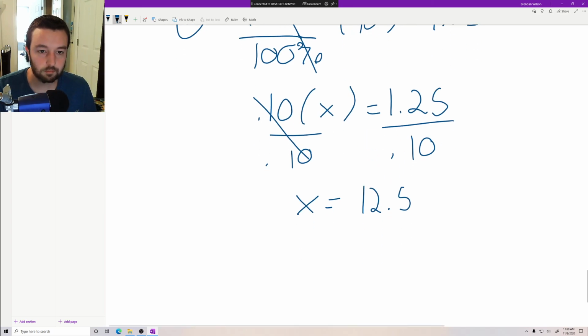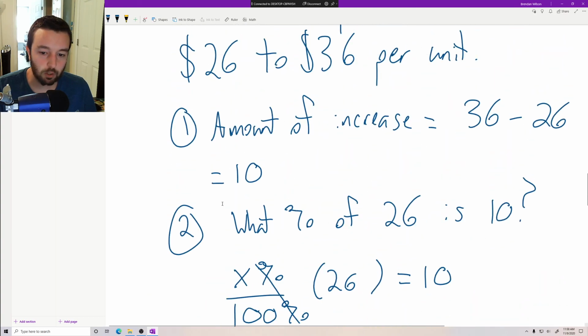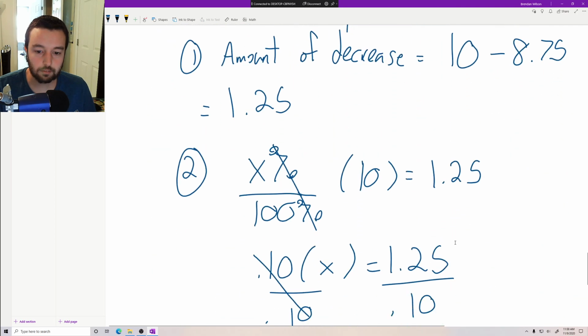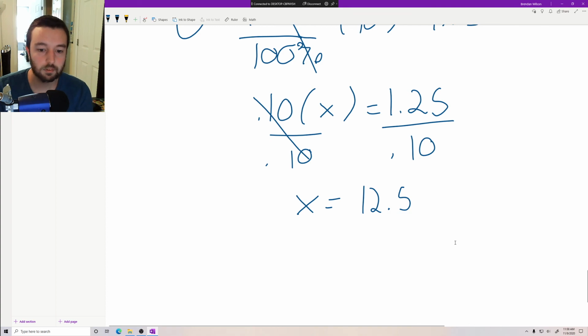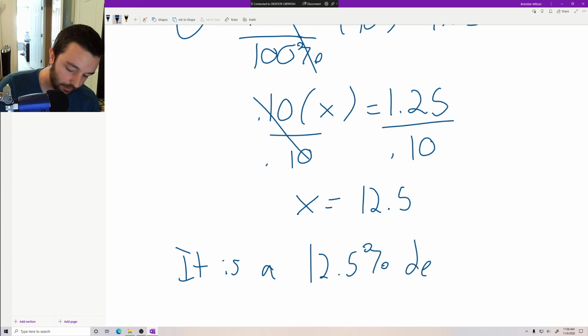Okay. So you can write it out like this if you're more comfortable with that: what percent of 10 is 1.25? And then you can translate it into math. Either way, we get a 12.5% decrease.